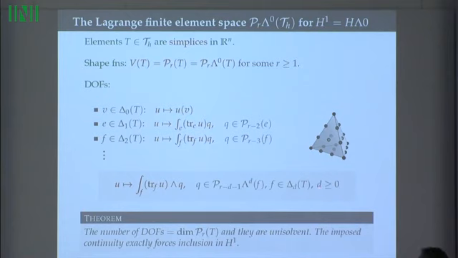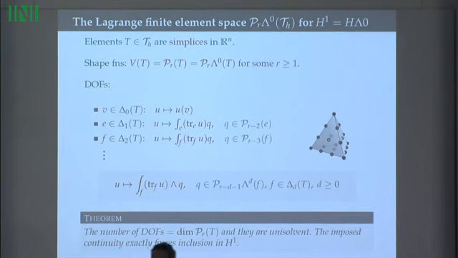You take the trace of u on f as a 0 form, which is just a restriction. You weight it by q, which is a polynomial of degree r minus d minus 1. It goes down as the dimension goes up. And I claim that this is not a 0 form. The weighting function q is actually a d form on the d-dimensional face.